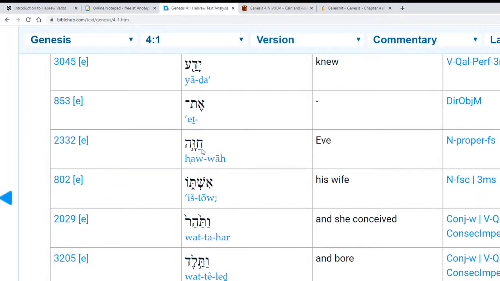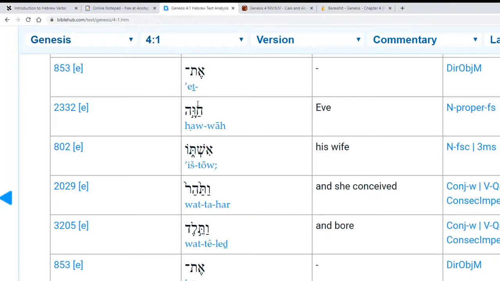Chava is the proper name, right? Comes from Chai. Ishto, right? So Isha is the root, so female, woman, right? We've had before, and the hey turns into a tav, Ishto, his wife, right?